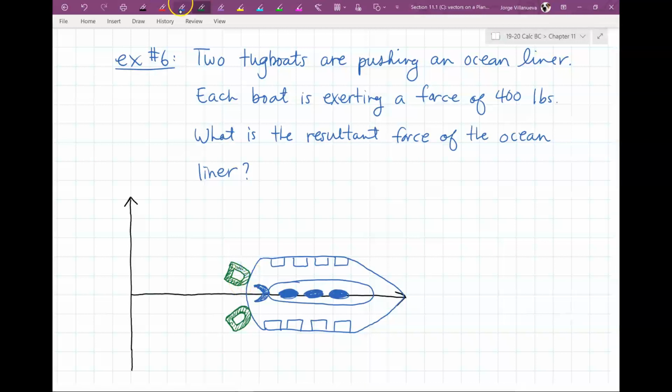All right, and let me give it some measurements here. We know force 1 is 400 pounds, they said. We'll put this one, force 2, as 400 pounds as well. Maybe I should have put that near the bottom, because I'm just noticing I have to draw this out really quick right here.